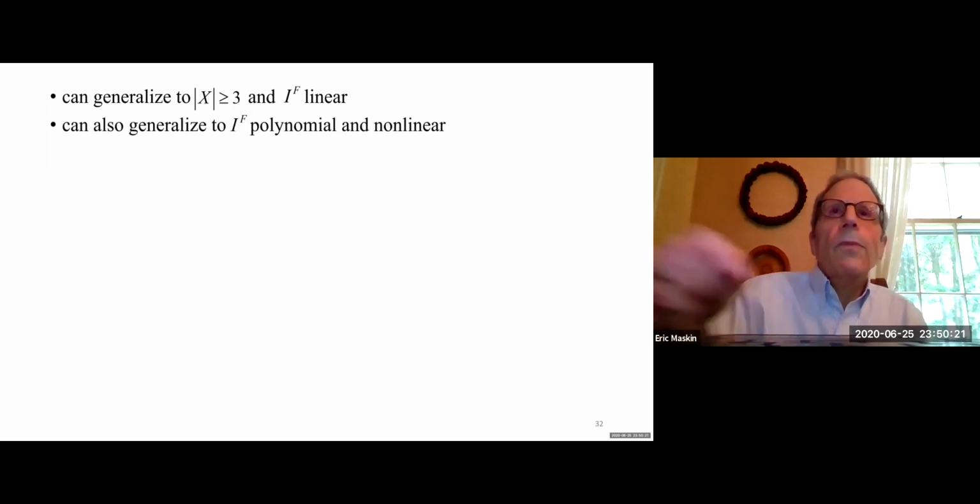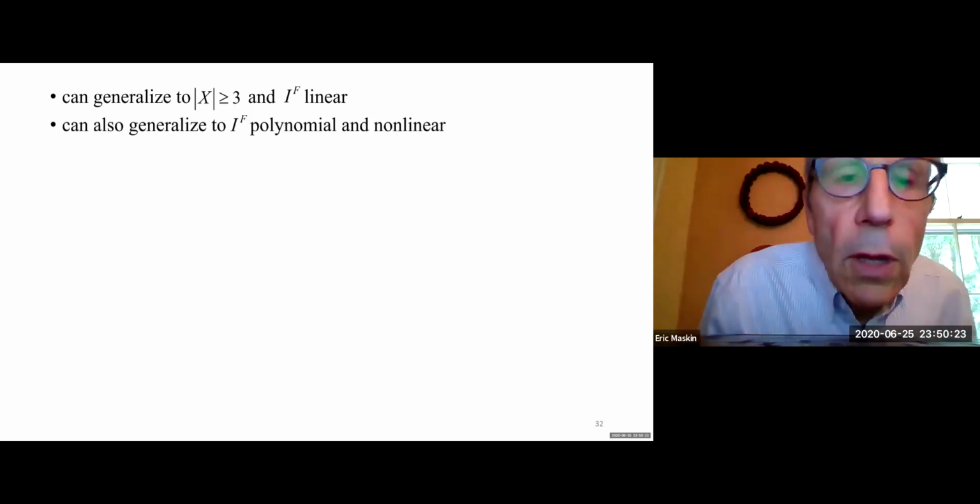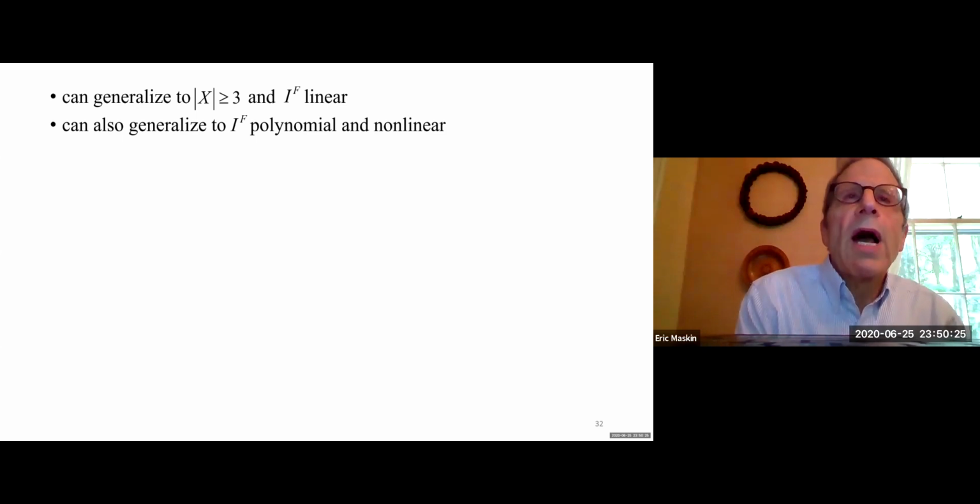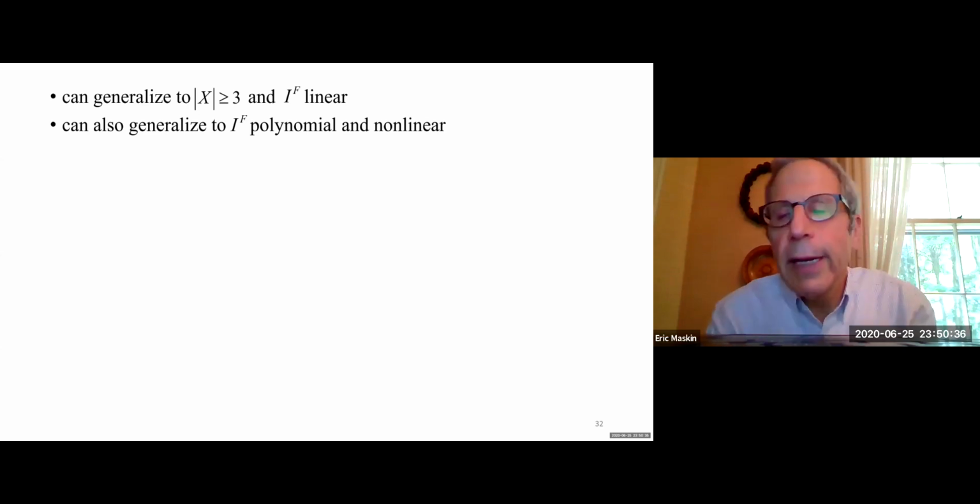The more complicated step is to see what happens if the indifference curve is not linear.